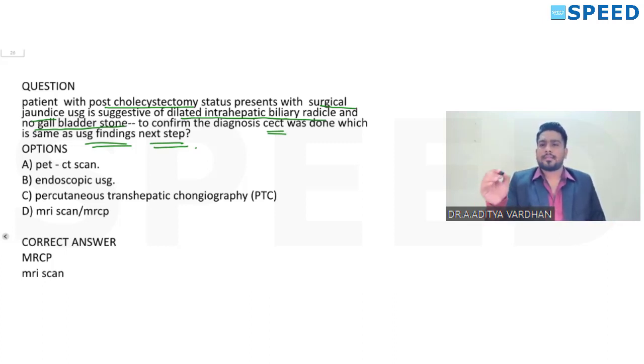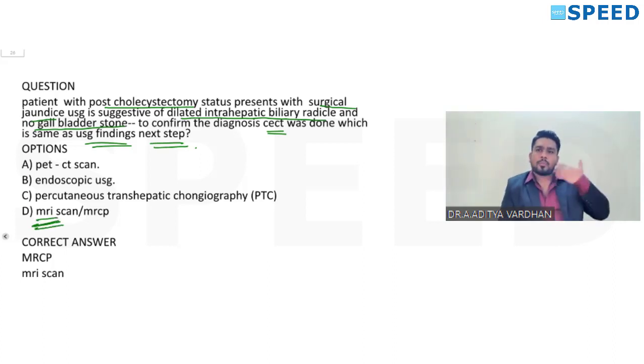So what is the next step? Friends, this question has a little bit of conceptual knowledge. The next diagnostic imaging, which is not invasive, is MRI scan. Mostly after a post-cholecystectomy status, if the patient is having surgical jaundice, the reason will be either a stone that has entered the common bile duct or common bile duct clipping.